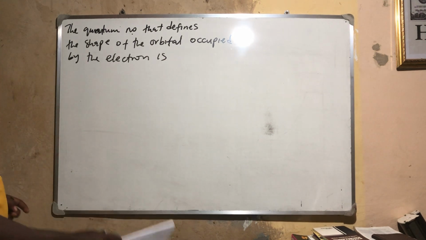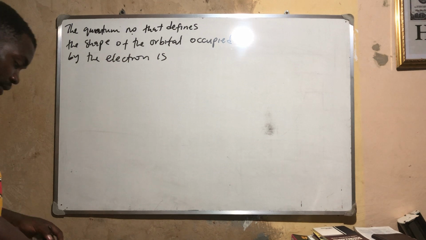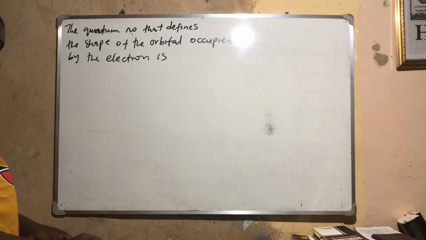What type of quantum number describes the shape of the orbitals?